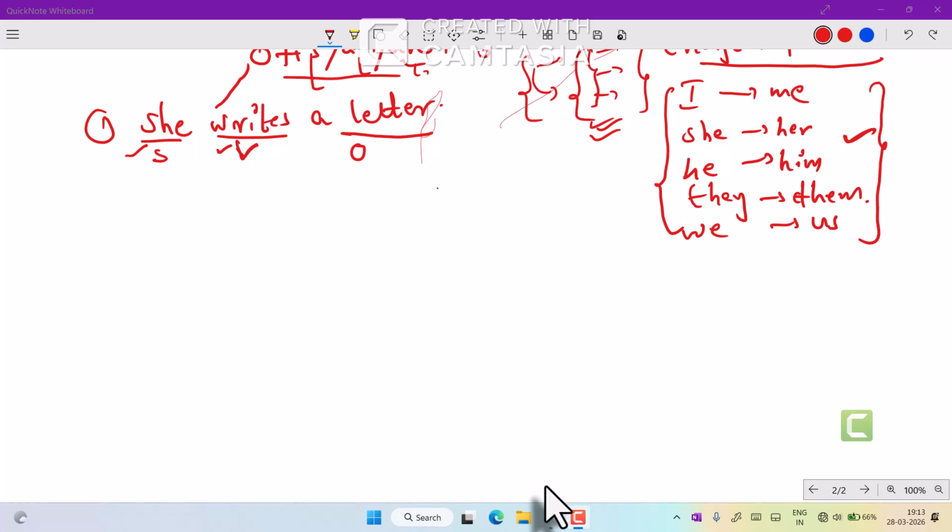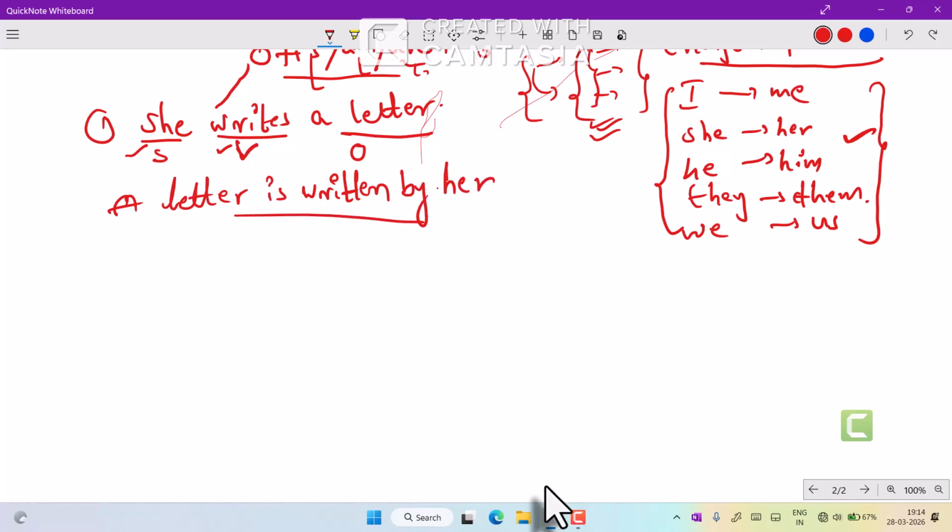Okay, object, a letter. Letter is, and the verb is to be changed into V3, written. Okay, written. A letter is written by her. Okay, a letter is written by her.